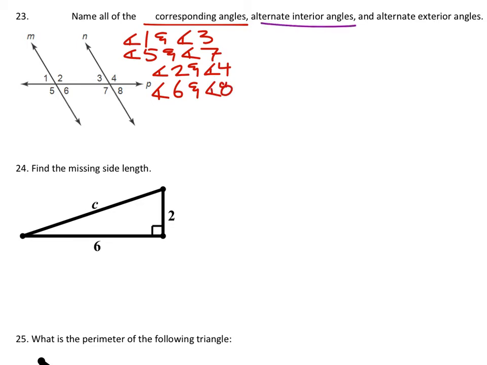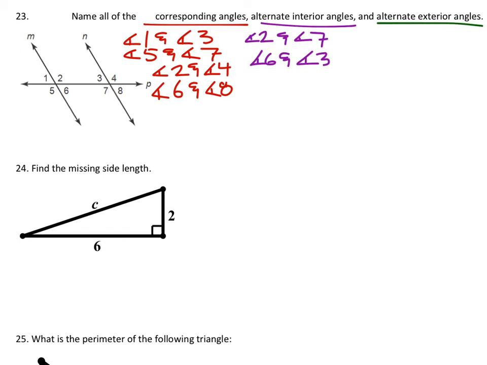Alternate interior angles have to be on the interior of the two lines on the transversal at different intersections but opposite sides of the transversal. So interior, I'm looking at angle 2 and angle 7. And then also angle 6 and angle 3.